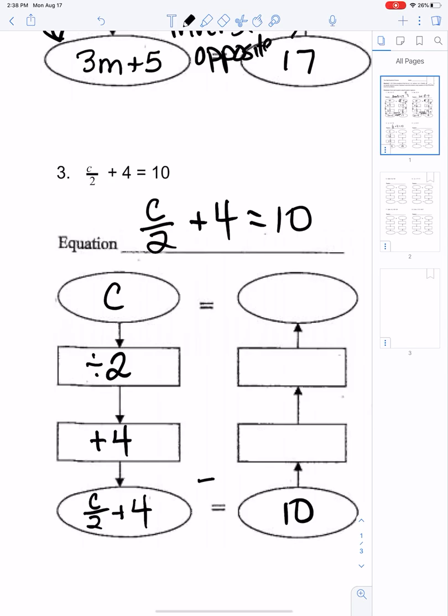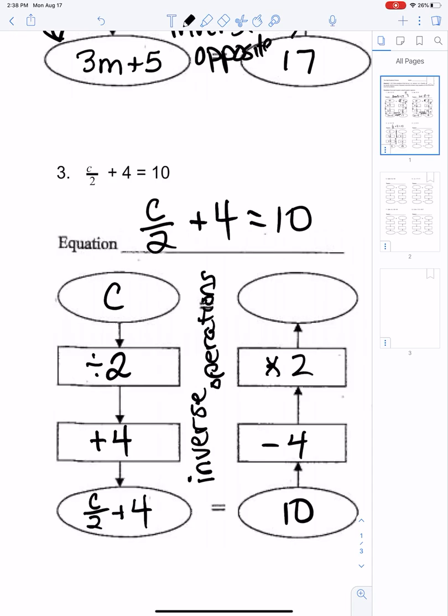We're going to use our inverse, which is opposite operations. And we're going to subtract 4 on this side and multiply by 2. So 10 minus 4 is 6. 6 times 2 is 12, so equals 12 is our final answer.